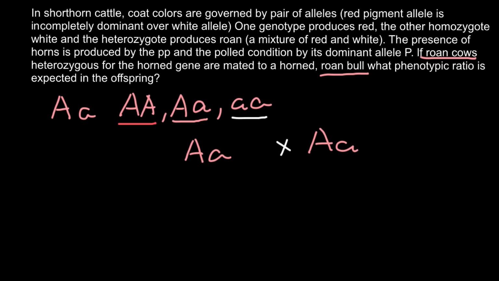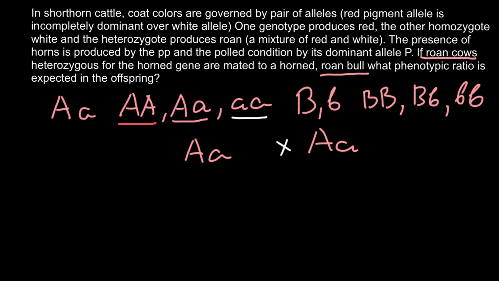If the roan cow is heterozygous for the polled gene, so once again we have another gene here. Let's say this is gene B, so it can be dominant and recessive. Once again, in a diploid organism, these two alleles can produce three genotypes: capital B capital B, capital B small b, and small b small b.